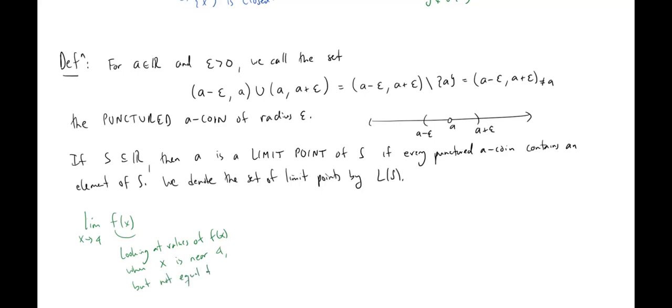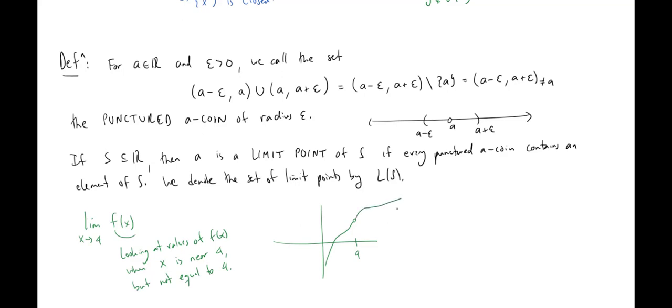This was one of the big ideas: when we take a limit, we're not actually letting x equal 4. That's because you wanted to be able to deal with things like, there's 4, and maybe I have some function, and it's not even defined at 4, and then it goes on.